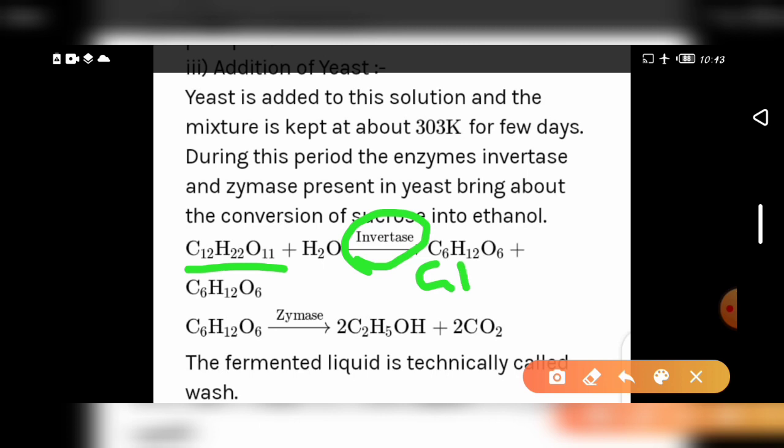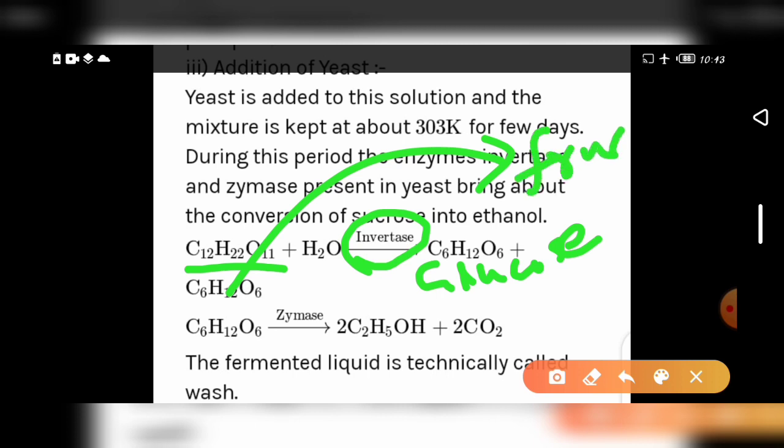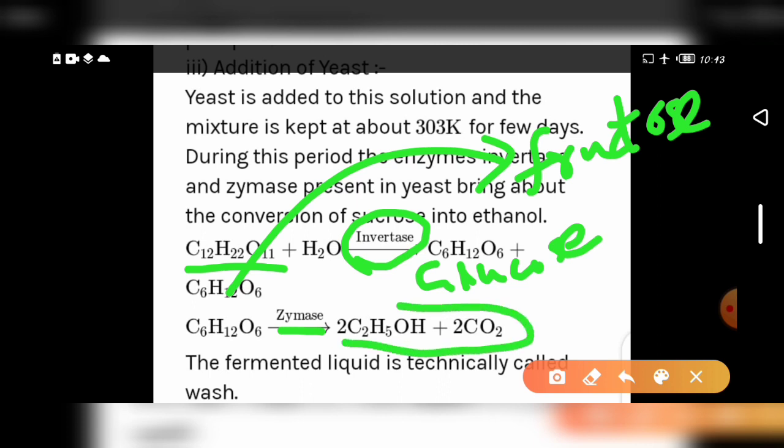This one is glucose and this one is fructose. Okay, the glucose or fructose in the presence of zymase is converted into ethanol and carbon dioxide. So the fermented liquid, these two products, C2H5OH and CO2, is technically called wash.